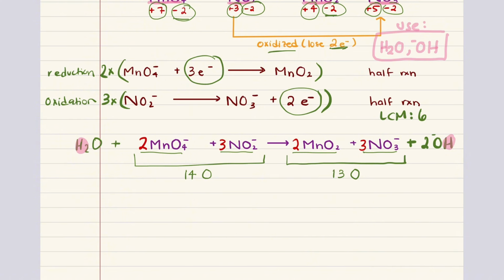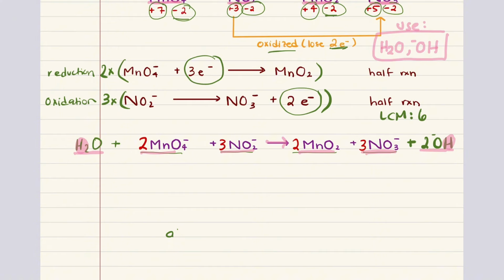And in water, the ratio of hydrogen to oxygen is 2:1. That balances the oxygens and hydrogens appropriately, and it gives us the following. 2 permanganate plus 3 nitrite plus 1 water yields 2 manganese dioxide plus 3 nitrate plus 2 hydroxide.